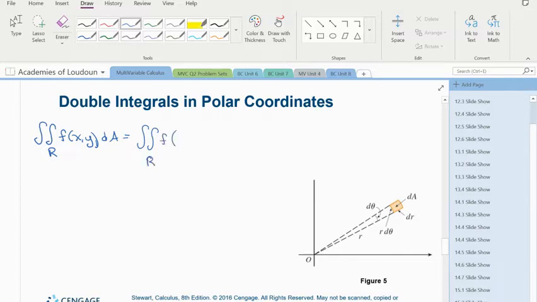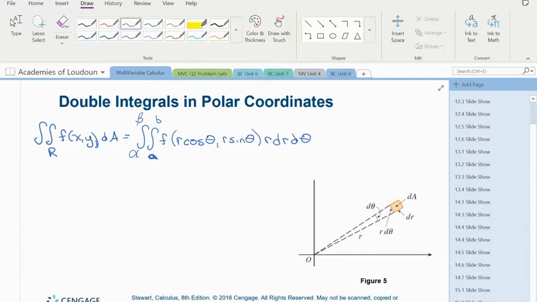And remember, x is going to be r cosine theta, y is r sine theta, and our dA is r dr d theta. Now, rather than integrating over that region, we know that r varies from a to b, and theta varies from alpha to beta.